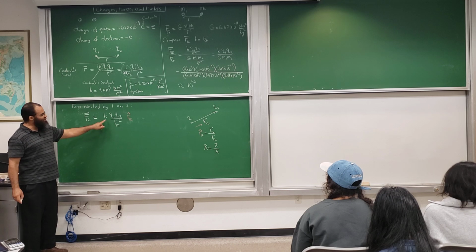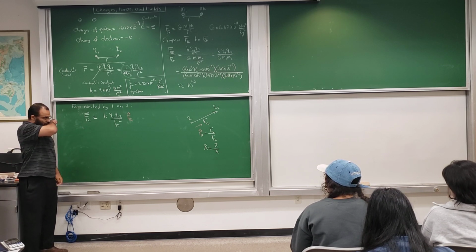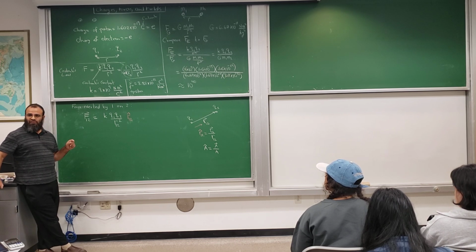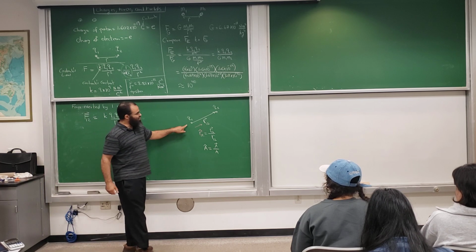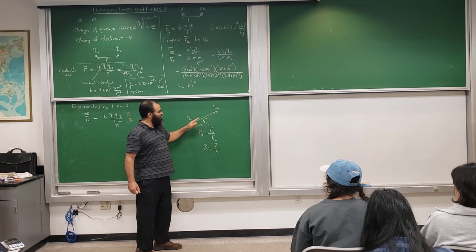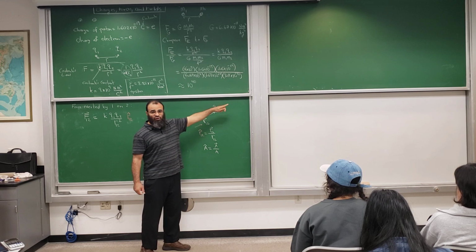So let's double check that this equation makes sense. Let's say both charges are positive. Is the force going to be attractive or repulsive? Repulsive. Meaning the force that charge 1 applies on charge 2 points away from charge 1. So charge 1 pushes charge 2 away if both are positive.